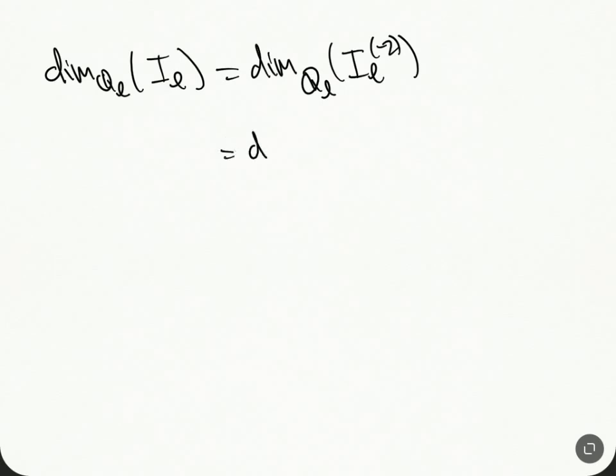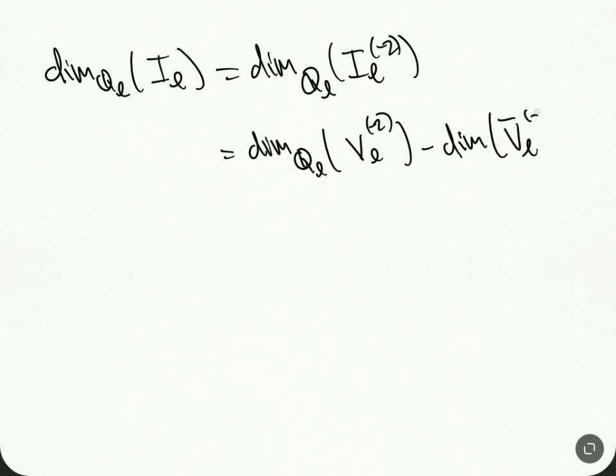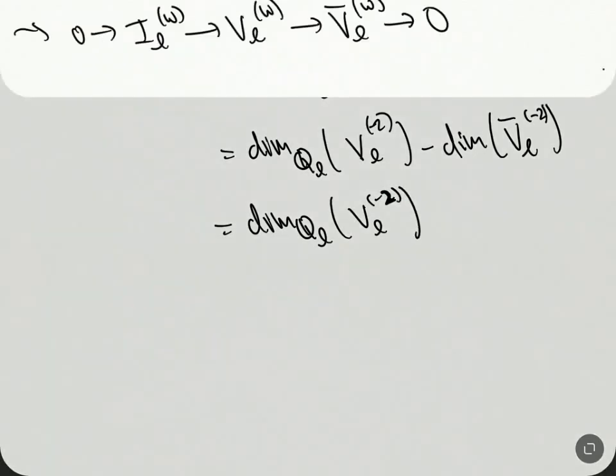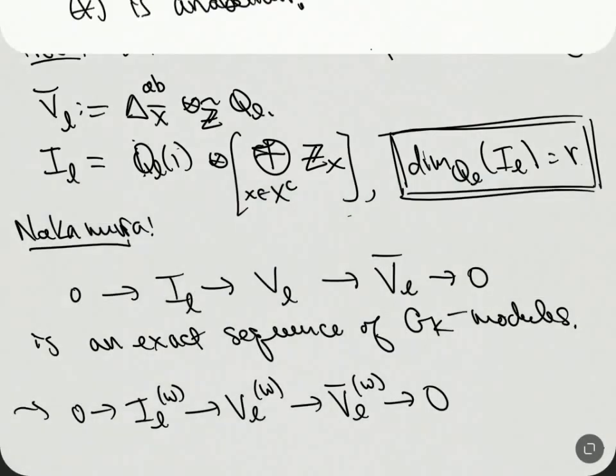Okay, so this is the dimension of Q_l of, now it's an exact sequence, so it's the middle one minus 2, minus the dimension of V_l bar of minus 2. Let me see, did I put minus 2? Yeah, I put minus 2 there.